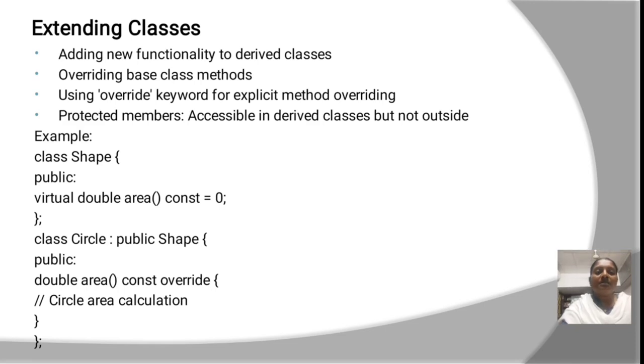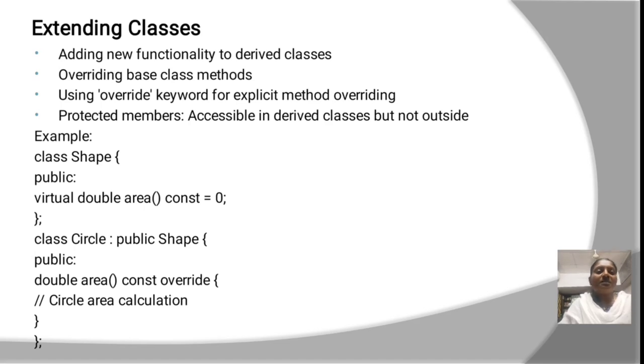Next one is extending classes. Adding new functionality to derived classes. That means we already have a class, and we add one more functionality in that class, called the derived class. Overriding base class methods: using the override keyword for explicit method overriding.